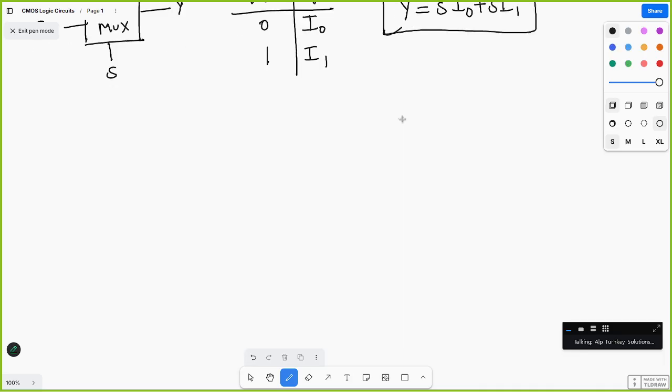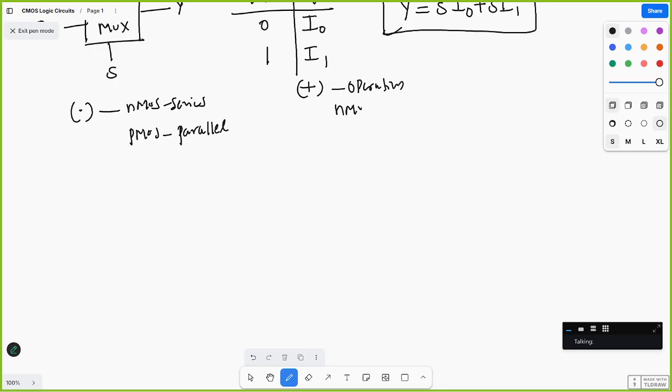Okay, so here I can implement. For AND operation, NMOS will be series and PMOS will be parallel. And for OR operation, NMOS will be parallel and PMOS will be series.